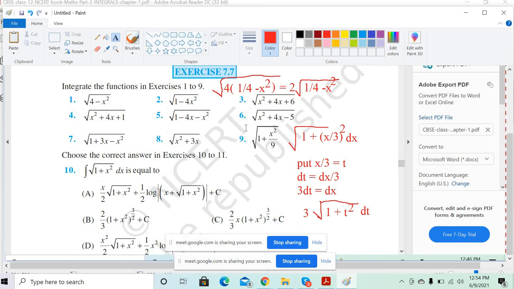This is what your method was also telling, no? You were trying to do this method only, right? Yes, sir. Yeah, correct answer. Now after that, once you get it in the form of a square plus x square formula, then you can just apply it and then done.